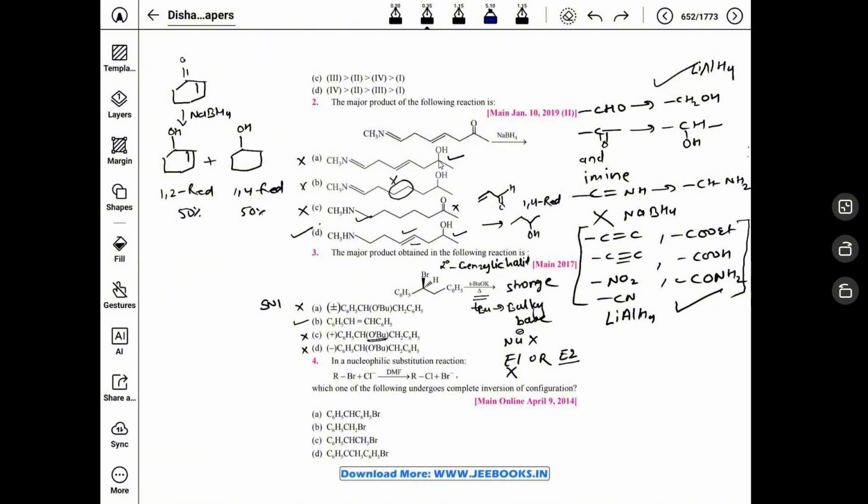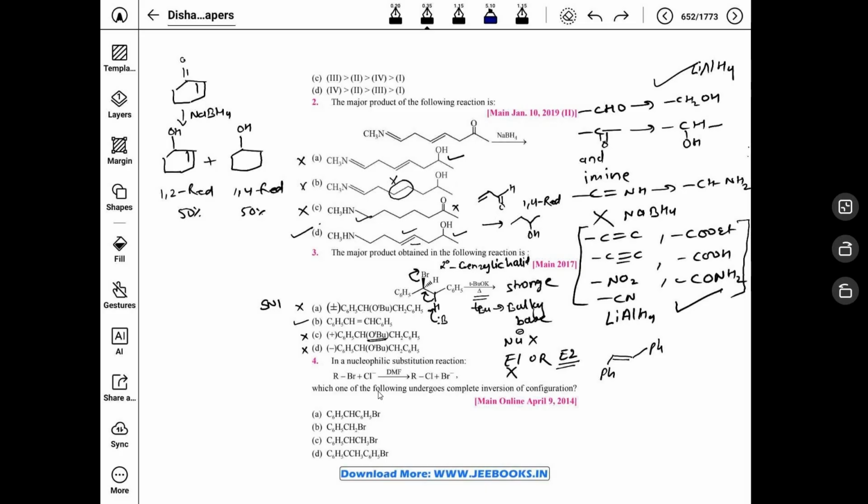So the reaction follows the E2 pathway. The base abstracts the proton, and at the same time the halogen leaves, giving the alkene, and the trans will be the major product. So the correct answer is B.